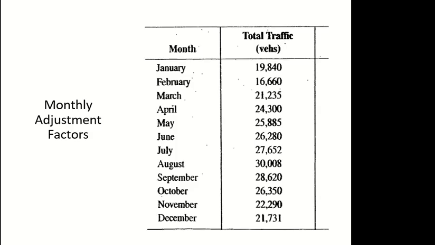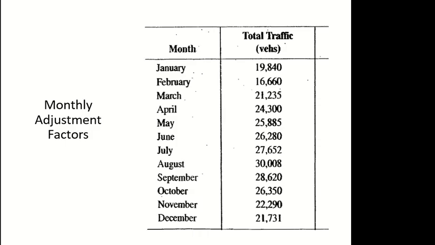When I sum the values of this column, I will not divide by 12, because these values are not per day, these are per month. If I divide by 12, I will get volume per month. I want ADT, which is per day. Remember, ADT is average annual daily. So when I sum all the values, I divide by 365, the number of days in all the months, because this is total traffic.